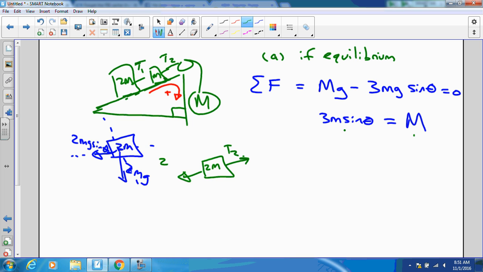Well, we have T1 here, and we have 2mg sine theta here, again ignoring the y direction. And so I can immediately generate the sum of forces on 2m is equal to T1 minus 2mg sine theta, again 0.